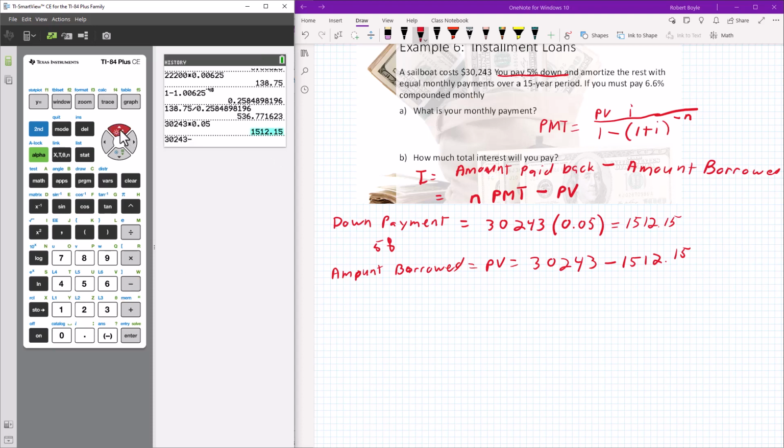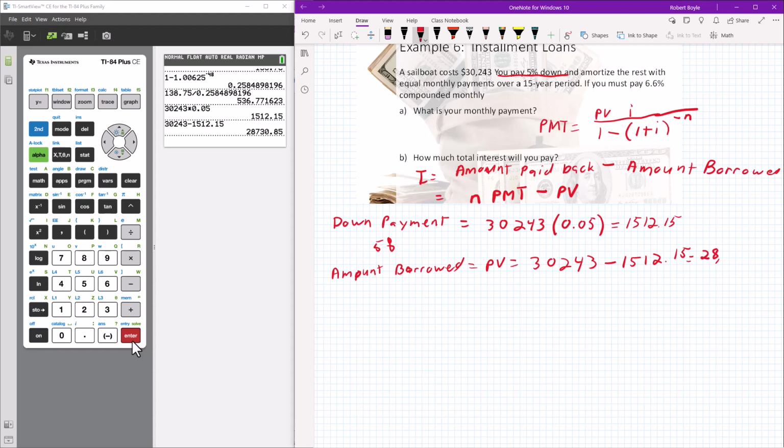We can just go up and highlight that. Then hit enter again, and that is the amount that you borrowed. And that is $28,730.85. Okay, so we know what PV is.